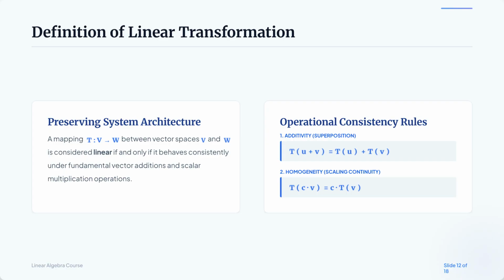So, for example, if we have a mapping T from vector space V to vector space W, this T is linear if and only if we have the additivity property and the homogeneity property, as you clearly see.